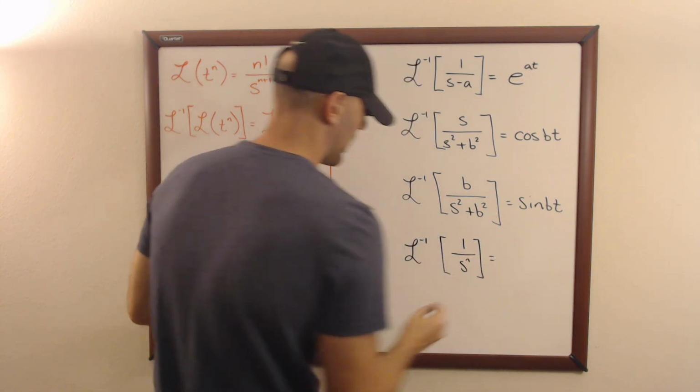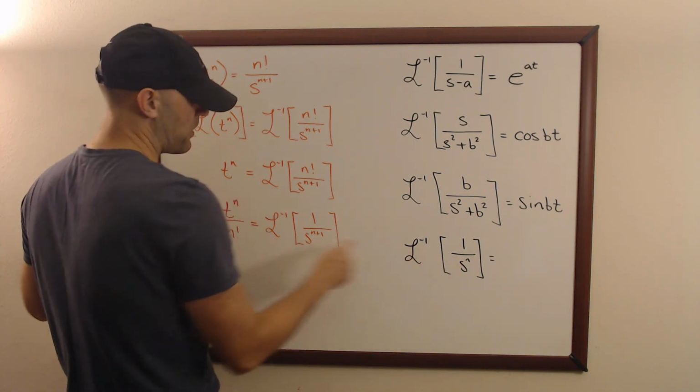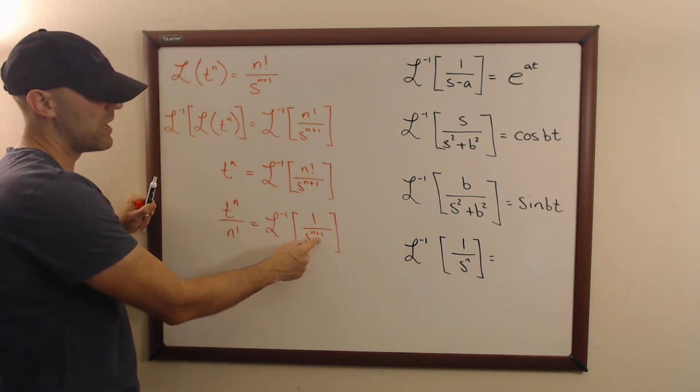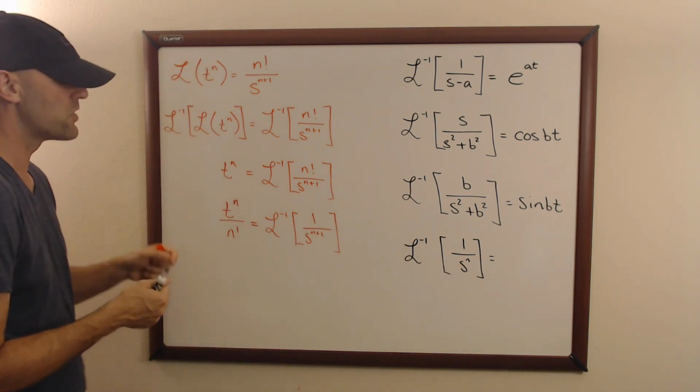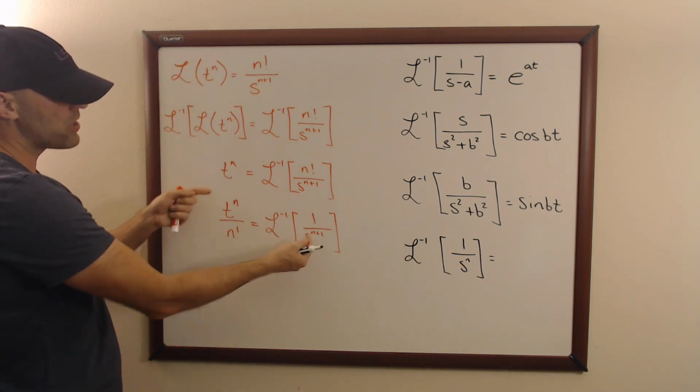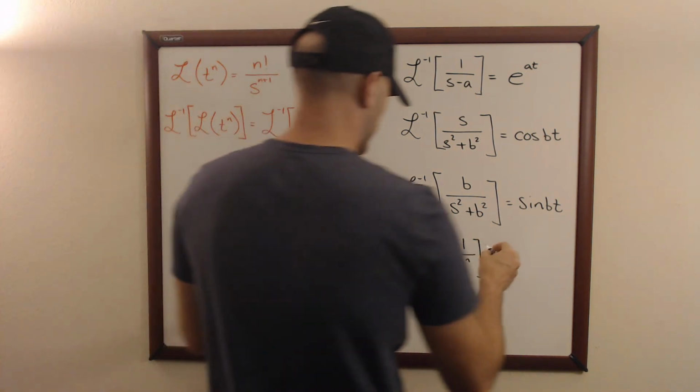Notice, in order to get from here to here, I just have to tick this down by 1. I have to move n plus 1 to n. So for this entire formula, I'm going to take all the n's and replace them with n minus 1, and that's going to give me s to the n.